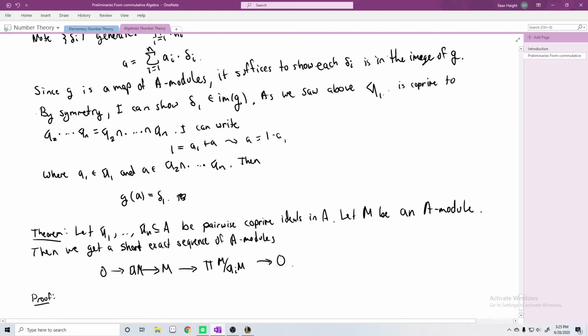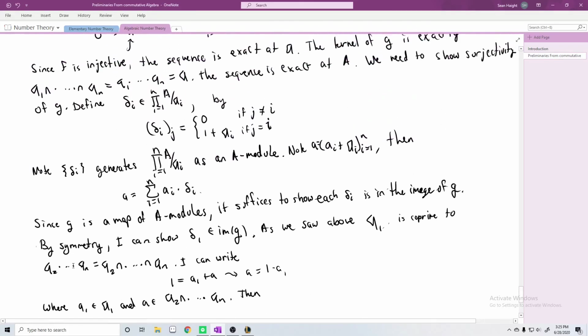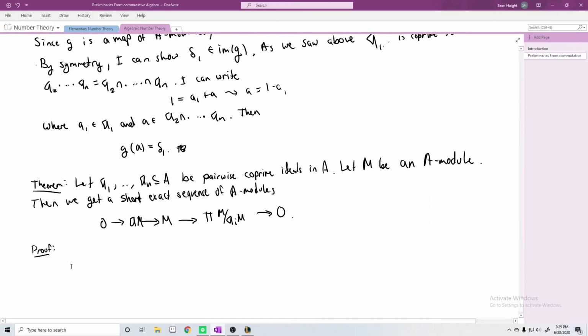If the above proof was confusing, you can go through and carefully reconstruct the proof, but not when A is a ring, but when it is M, a module.